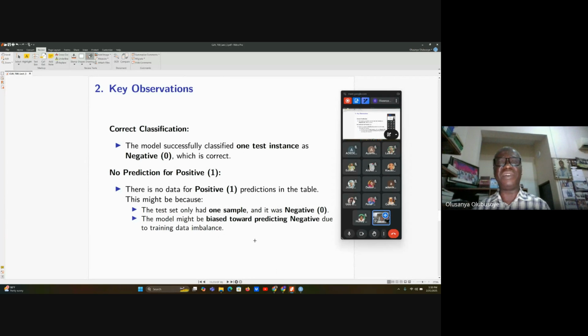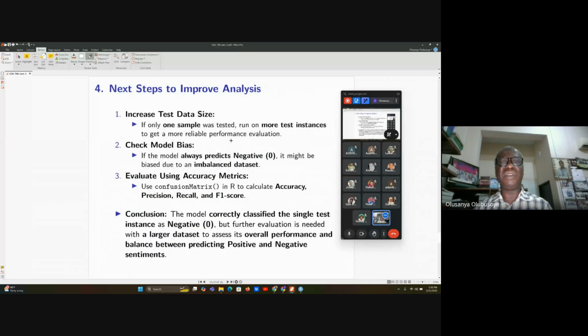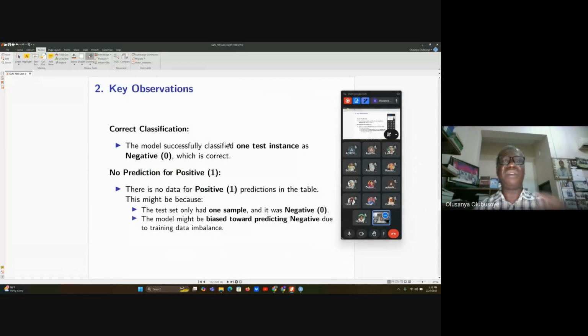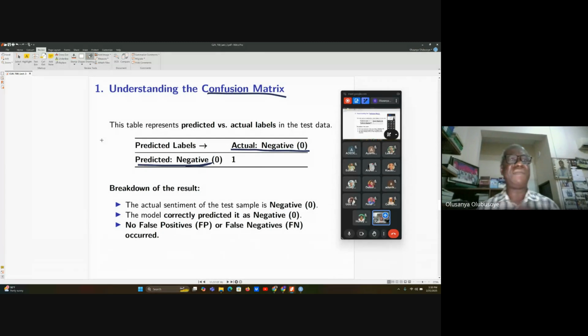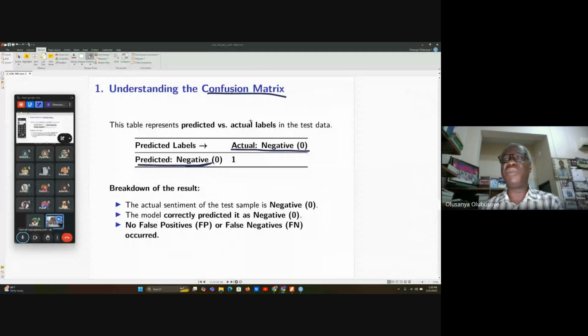I will try to explain further what the confusion matrix is. Your model is supposed to classify, whether positive or negative.